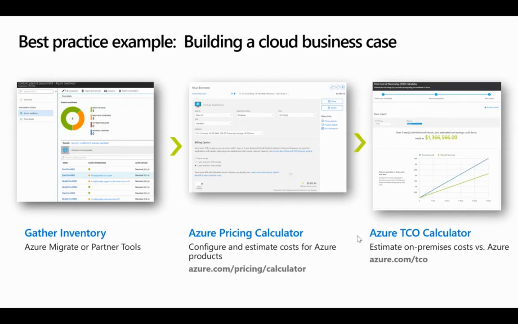The third thing that comes into my mind: am I saving by moving into the cloud, or is it really good to procure the asset? I can assess the same by going to azure.com/TCO and doing the math.